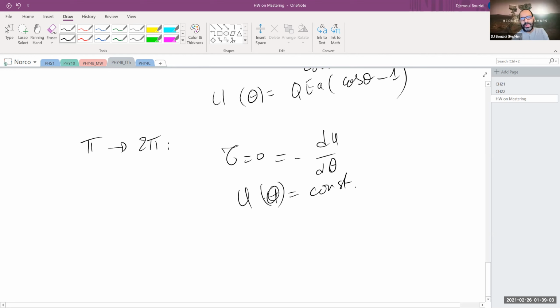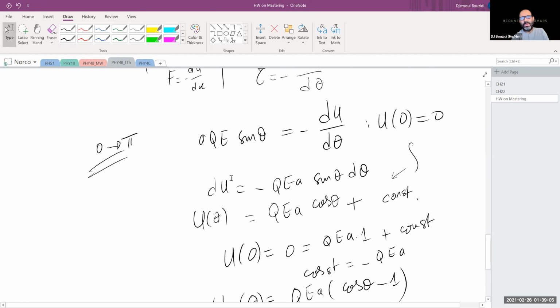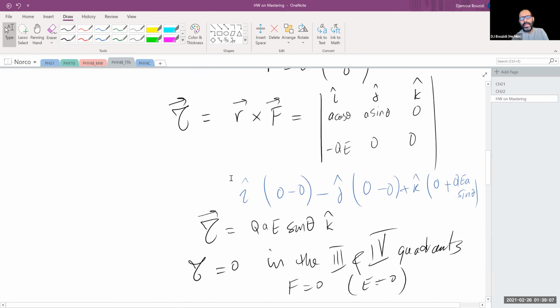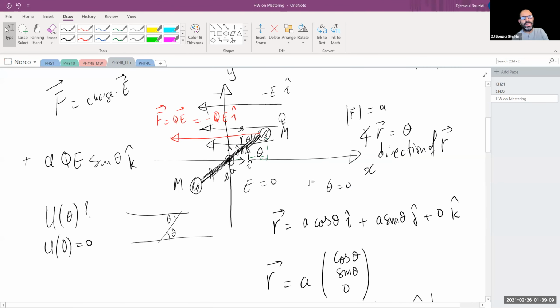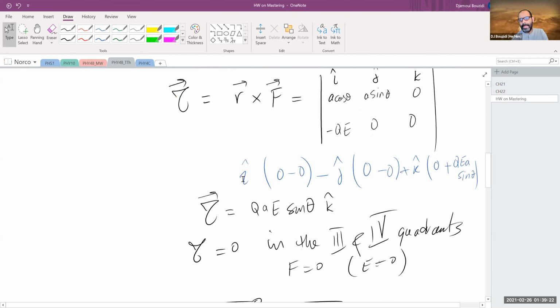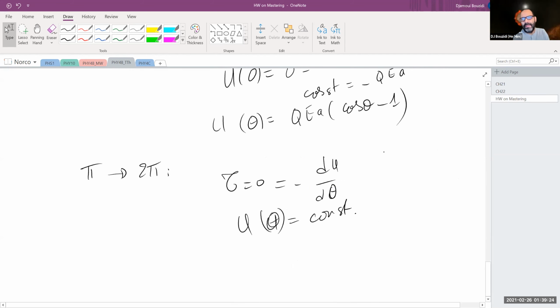Right. So the potential energy from pi to 2 pi is going to be constant. And how much is this constant? We know it has to be continuous. And in here, I have a value for U of pi from the previous.